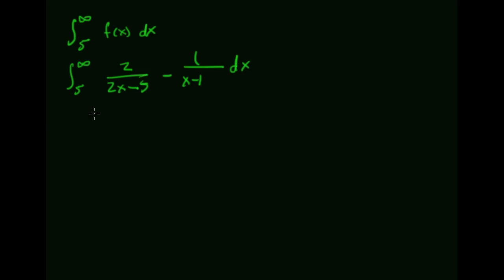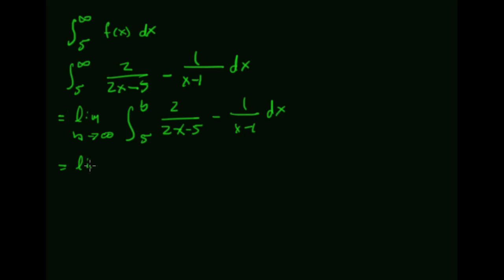All right, so this is a limit, right? The limit as b approaches infinity, integral of 5 to b of 2 over 2x minus 5 minus 1 over x minus 1 dx. So we do have to do the antiderivative work here.